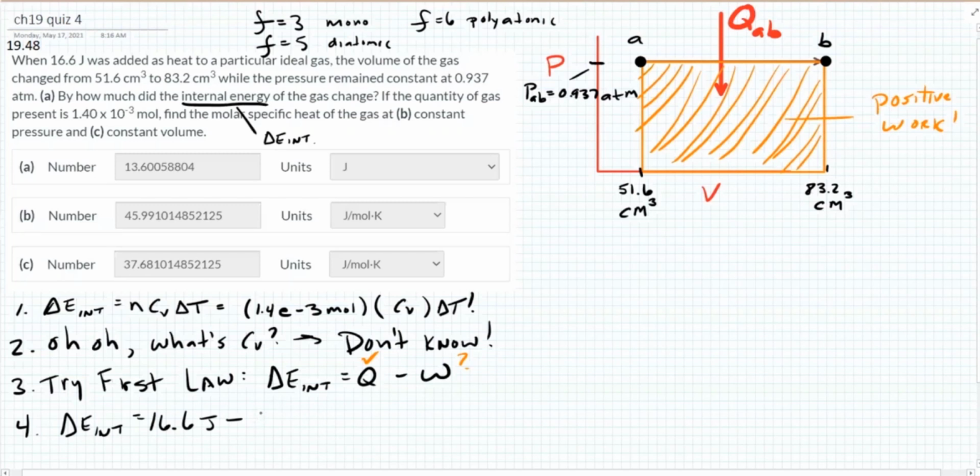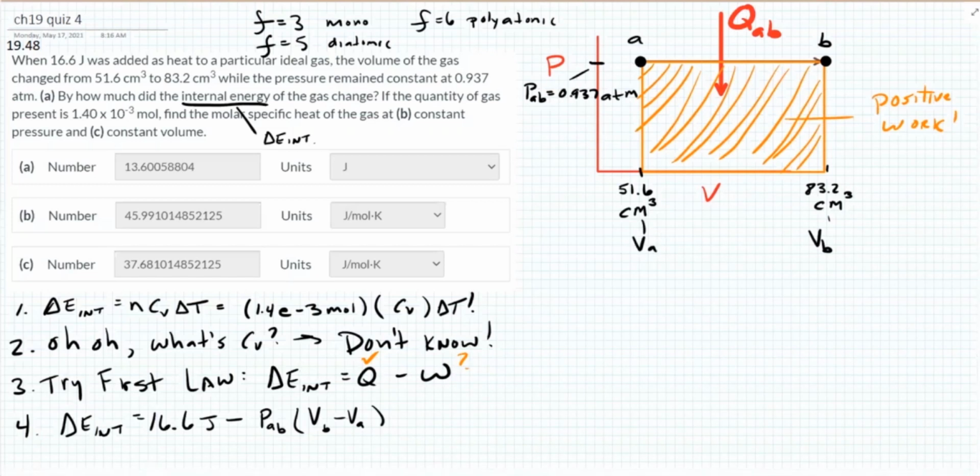It's going to be PAB times VB minus VA. This is VB, the volume at state B. This is VA, the volume at state A. If I want the area of this orange rectangle, this dimension that I'm indicating right here is PAB. This dimension right here is VB minus VA. So that's where I'm getting number 4.